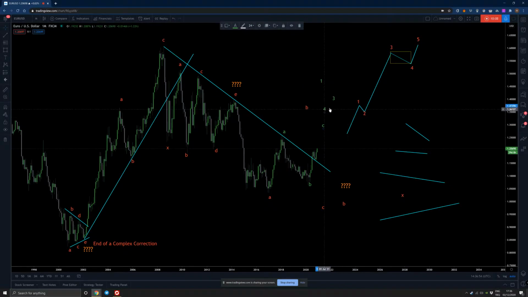If this is what you're expecting, and in that case the B wave will end here, then from here to here you should be looking for, in one lower degree, an impulsive move. This is the scenario that you should be looking for if you want to take this scenario.